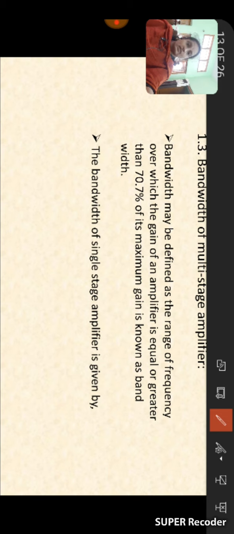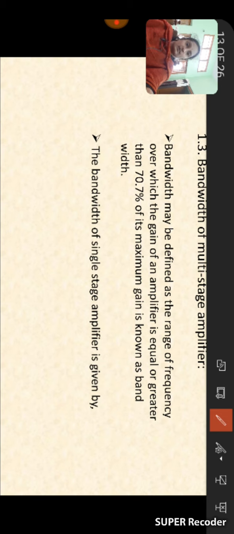Is it clear? So what is meant by gain of a multi-stage amplifier? The gain of a multi-stage amplifier is defined as the product of gains of individual stages. And next, frequency response means the curve that must be drawn between the frequency and gain.